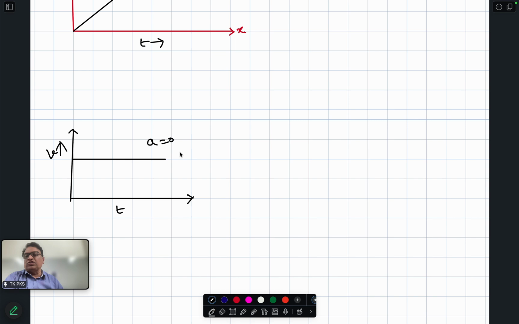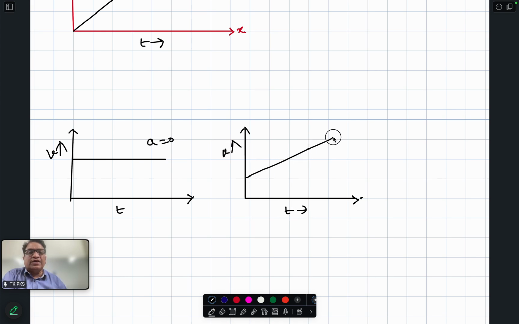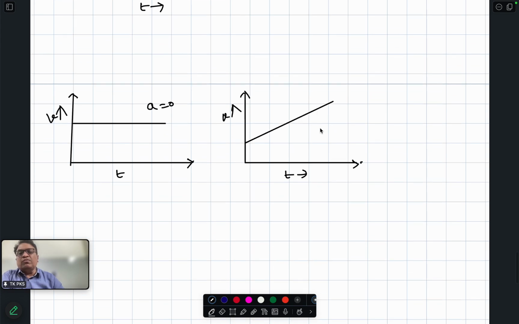It moves with constant velocity throughout. Uniform motion, otherwise. You have another velocity time graph. In fact, this graph represents a body moving with constant acceleration with some initial velocity. Acceleration uniform, and it has some initial velocity.